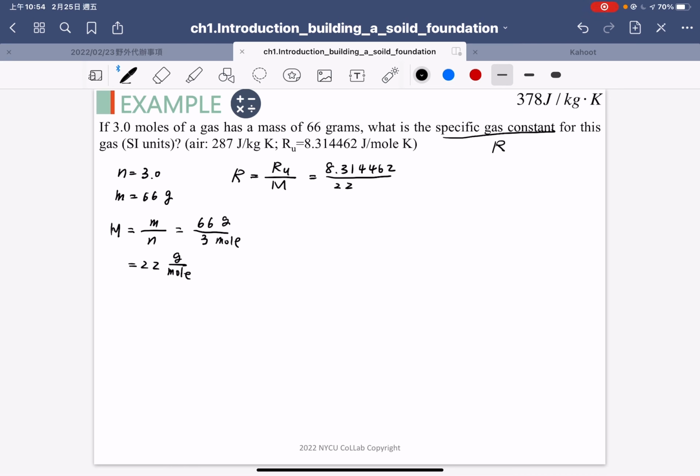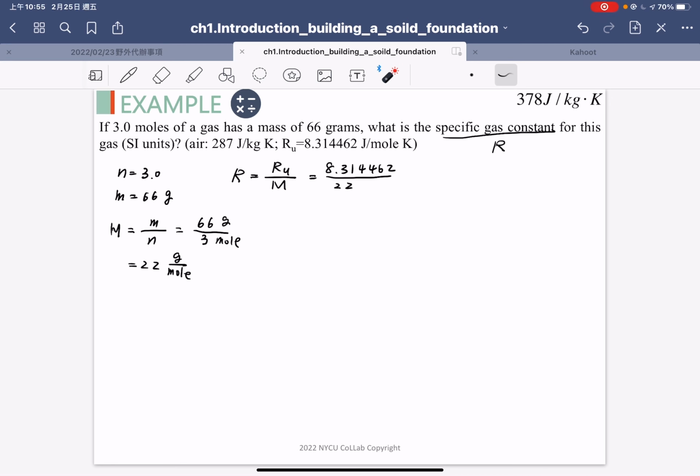Divided by the 22, but there is a mistake here, because the unit, as you see, here is K, but here we should have the kg unit, not the g unit.